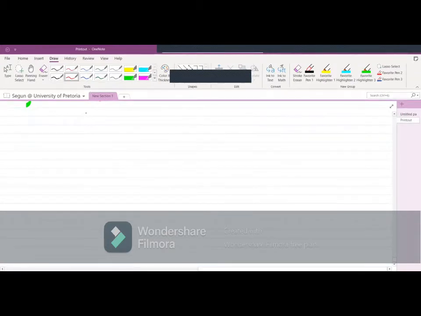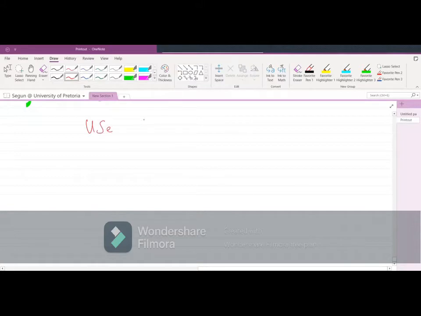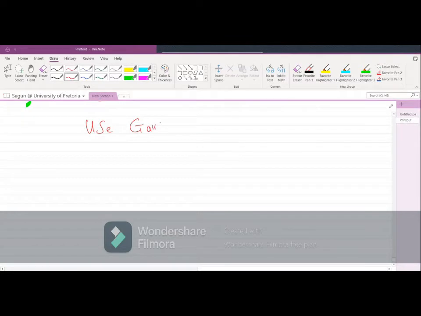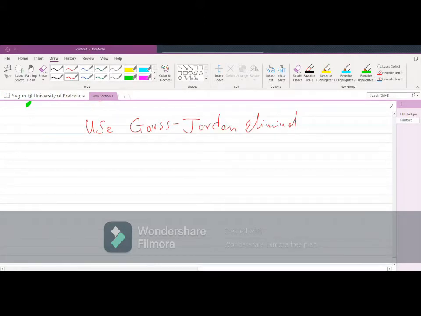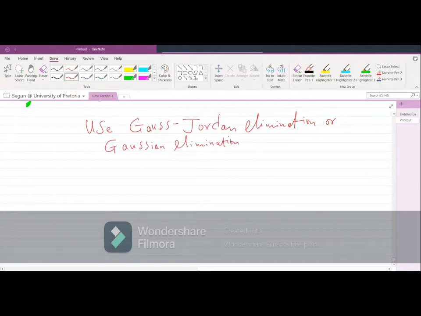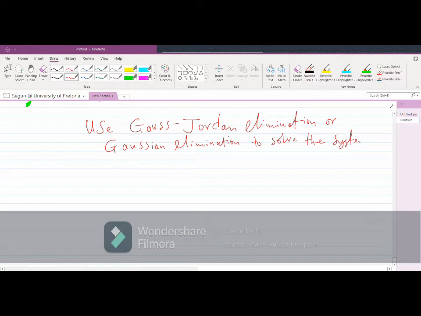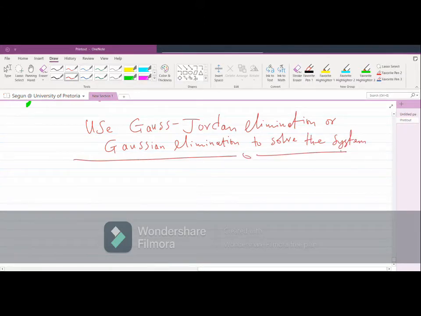But in this case, we want to see how to use the Gaussian-Jordan elimination, or we can call it Gaussian elimination, to solve this system. So I'll go straight to the example.